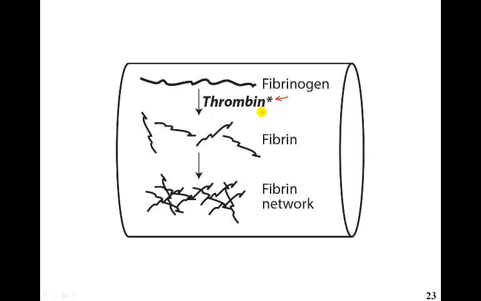So now we want to say, well, where do you get activated thrombin? Thrombin is found in the blood all the time in a non-activated state. It's often called prothrombin. So non-active thrombin is also called prothrombin.